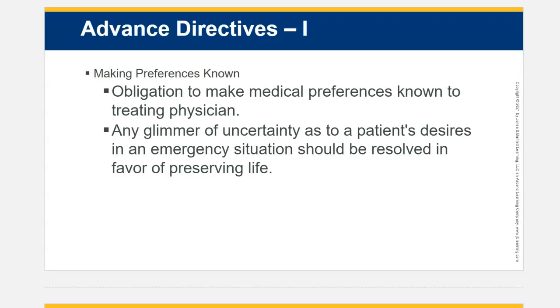Advanced directives, this information starts on page 323 of the book. So much important information, and I believe I've said this before in my lectures. Anybody and everybody over the age of 18, I highly suggest going to your local bank or even a local hospital setting and ask. You can get these documents for free. Your bank may charge you a small fee to make them specific to you and put your specific wishes in them.